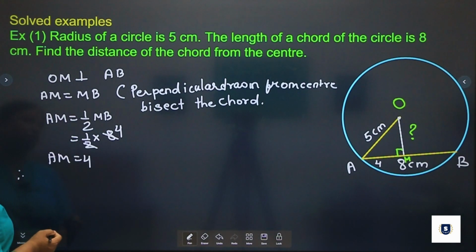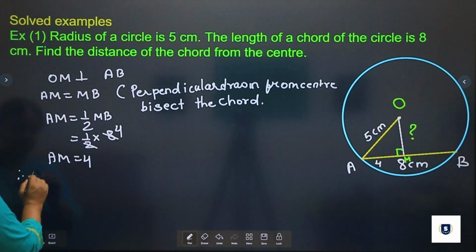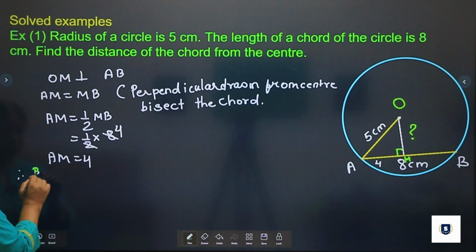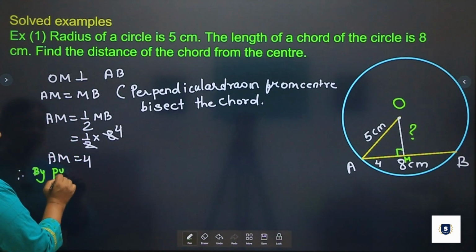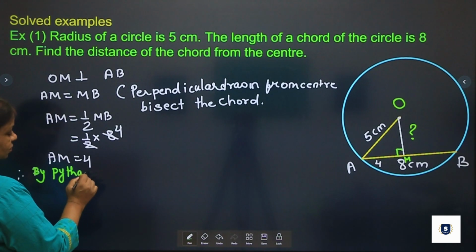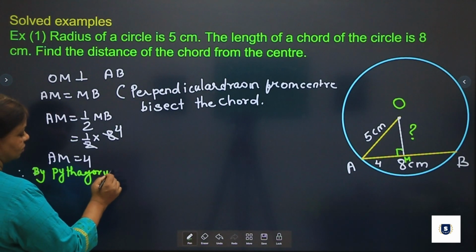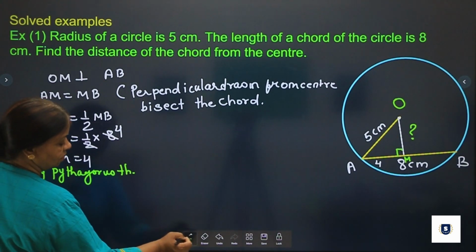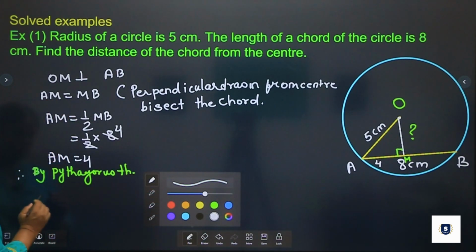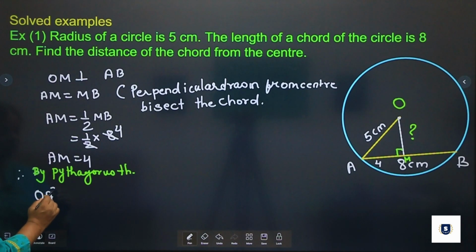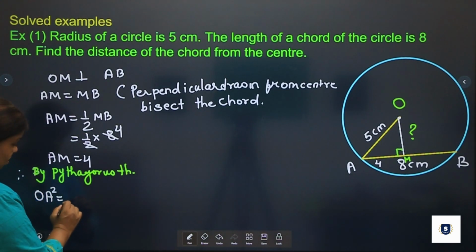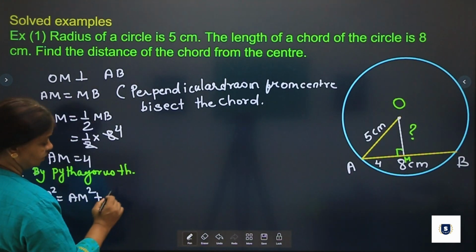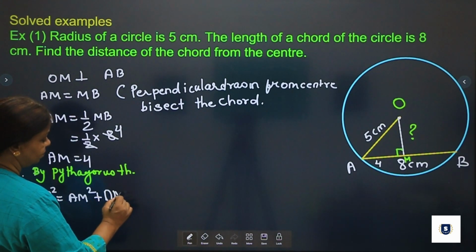Therefore, by Pythagoras theorem, OA square is equal to AM square plus OM square.